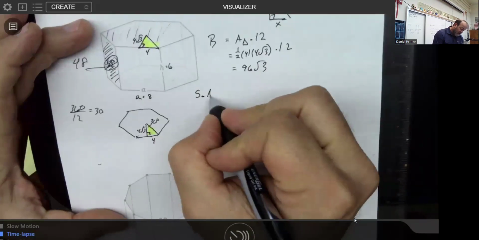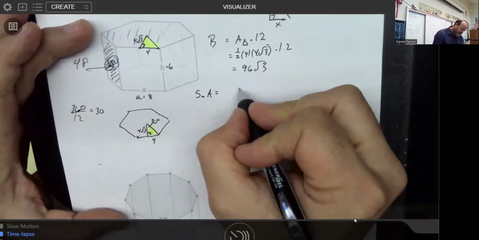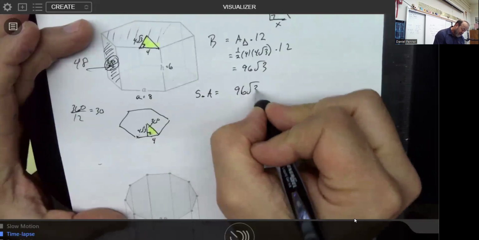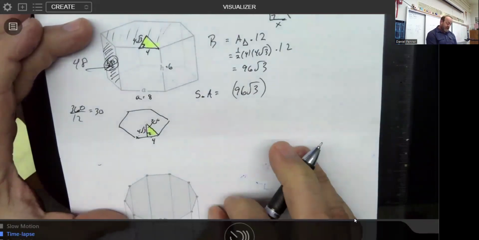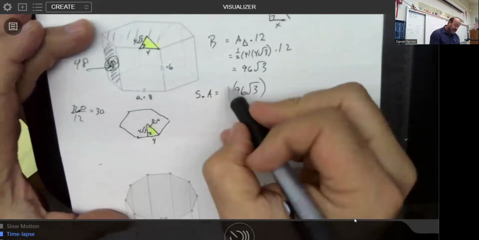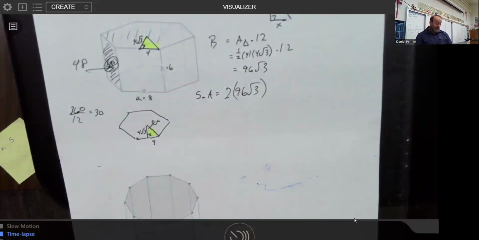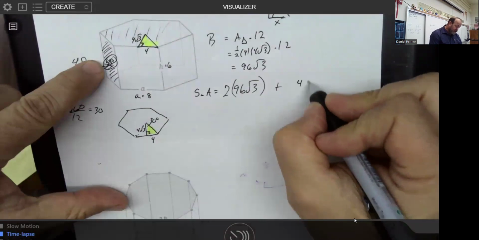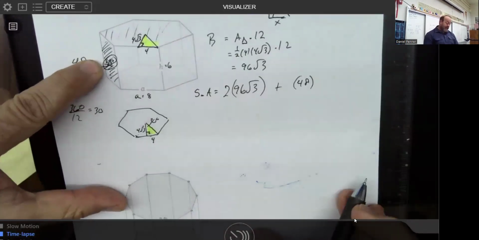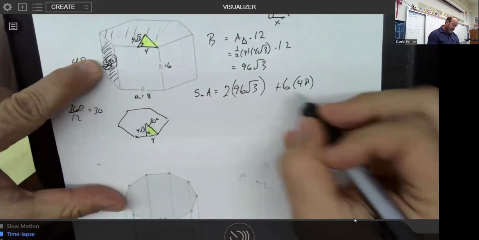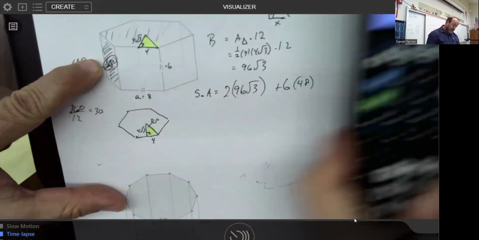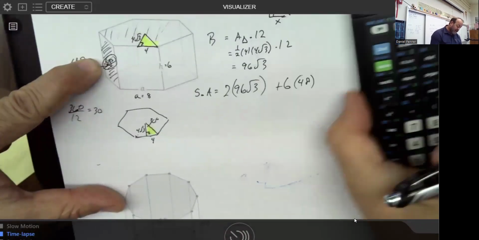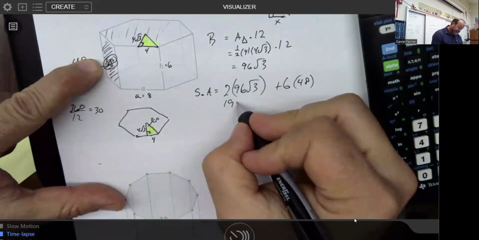So the surface area starts with the fact that you have a top, but you have two of those because the top and the bottom have exactly the same area. Plus, you have one of these sides over here, which is 48, but in fact, I have 6 of those sides. So if I did 2 times 96, I get 192 roots of 3.